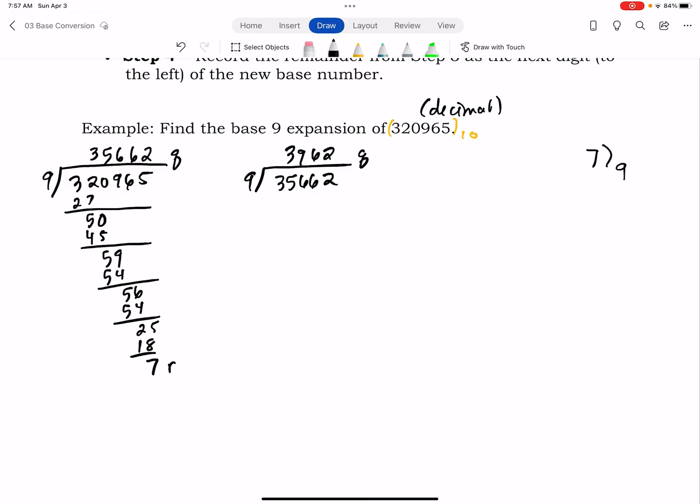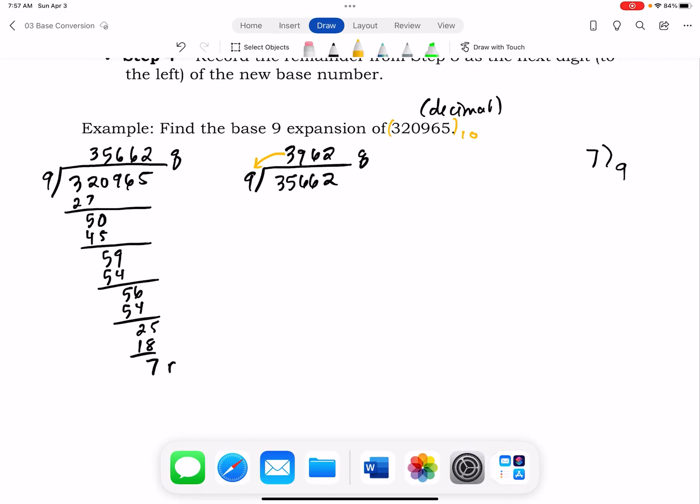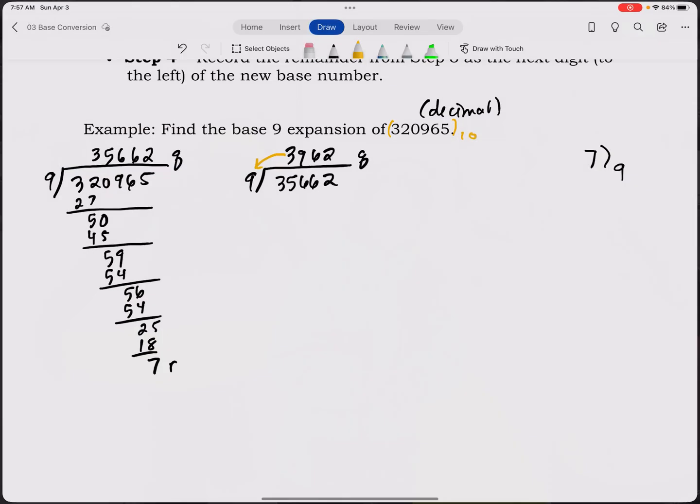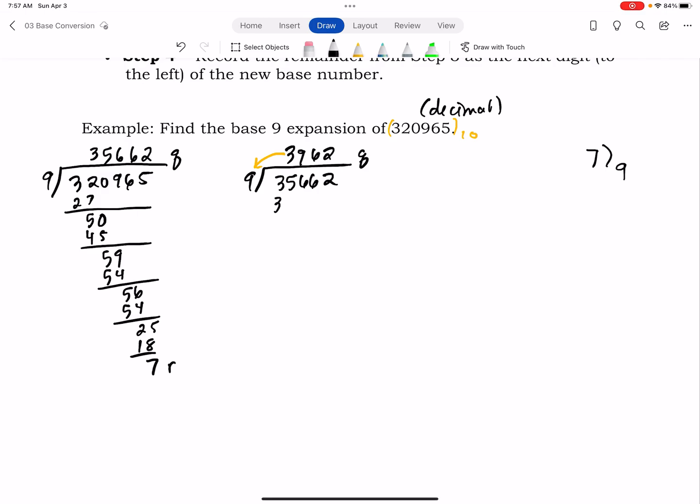To find the remainder, do 3962 times 9 and then subtract. So 9 times 3962 is 35658. When you subtract these, you're left with 4. So my remainder is 4, which means 4 is going to be that digit. Then I just keep going.